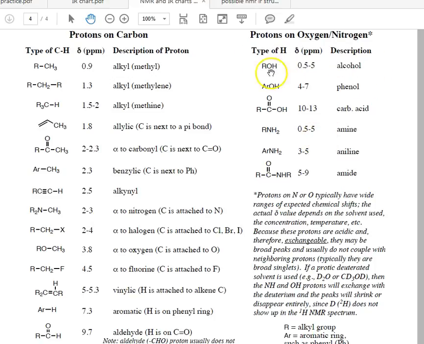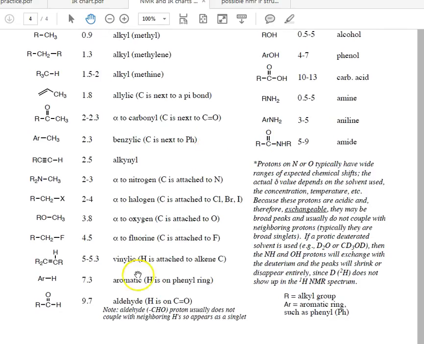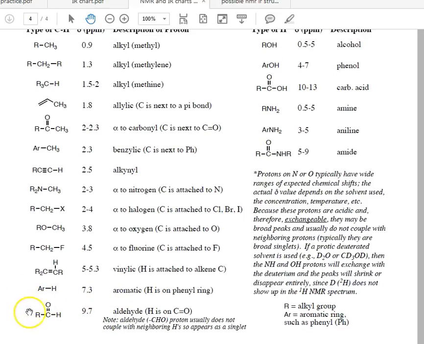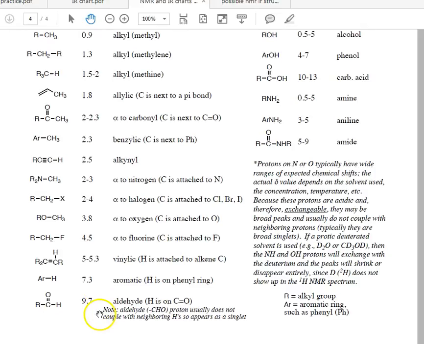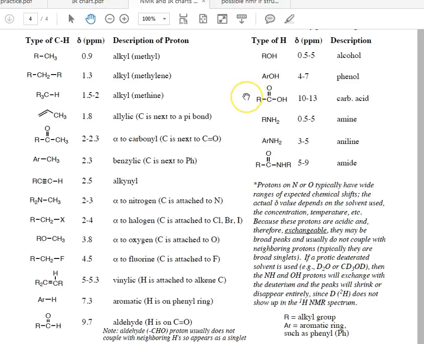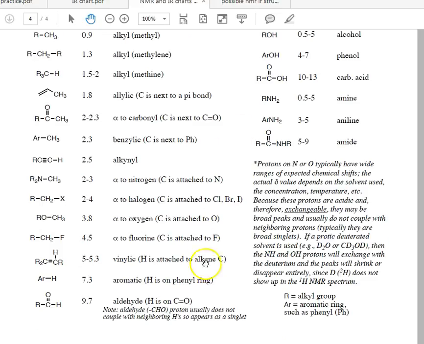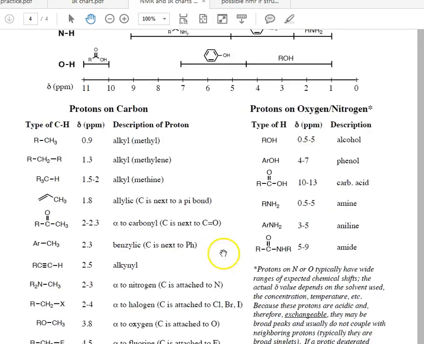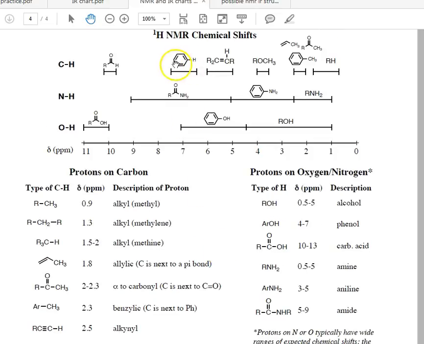If it's going to be an aldehyde hydrogen, the one way at the end, it's going to be all the way at 9.7. If it's going to be the hydrogen on a carboxylic acid, it's going to be between 10 and 13. And one of the most important things to look for is the aromatic region. Between 6.5 and 8, if there's an aromatic or a benzene ring, we're going to see a peak in that range.